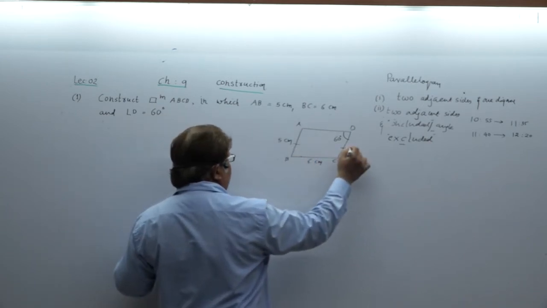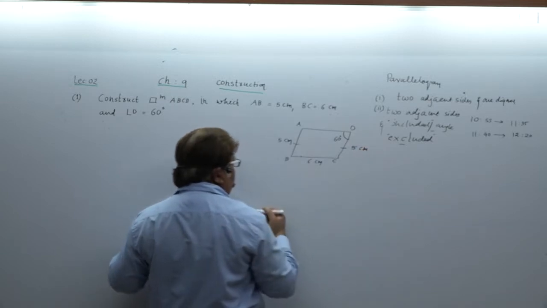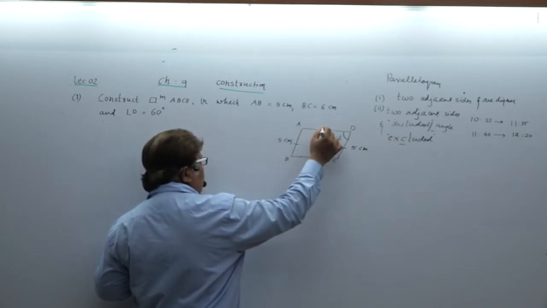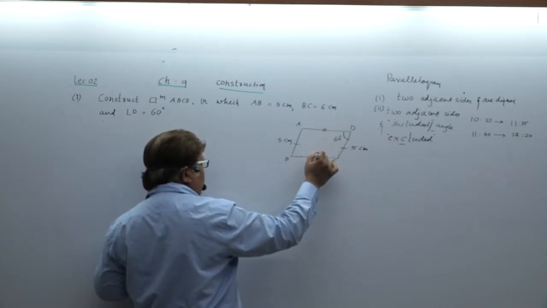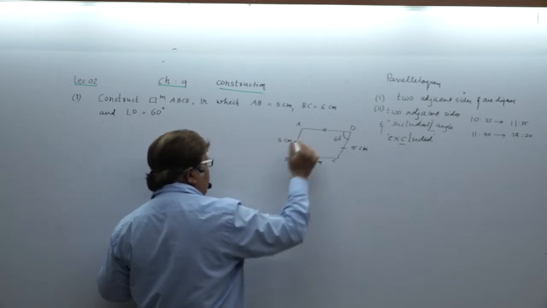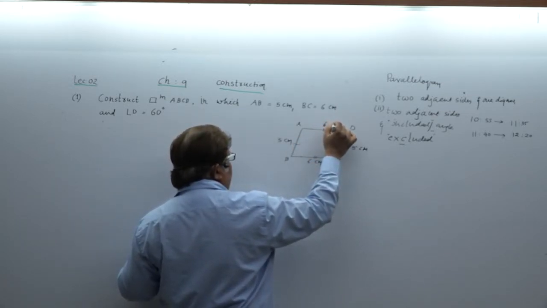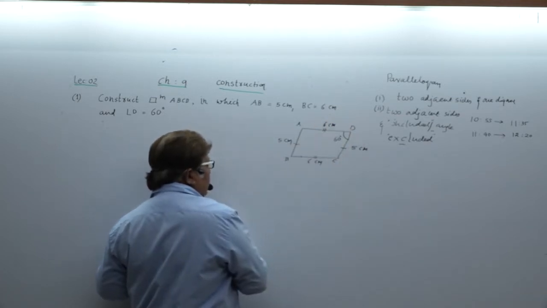AB is 5 centimeter, CD is also 5 centimeter. Similarly, AD and BC are also equal. When you say that BC equal to 6 centimeter, it simply means that AD is 6 centimeter.